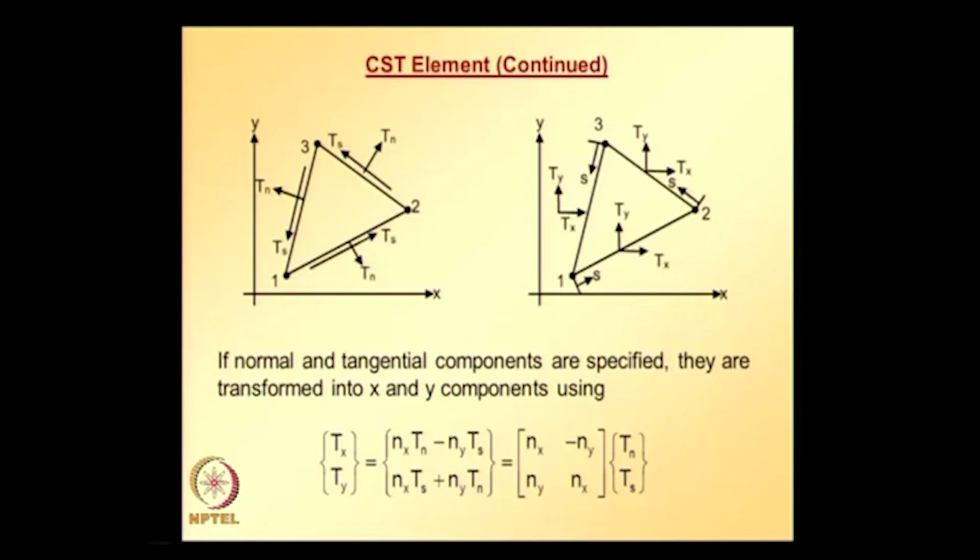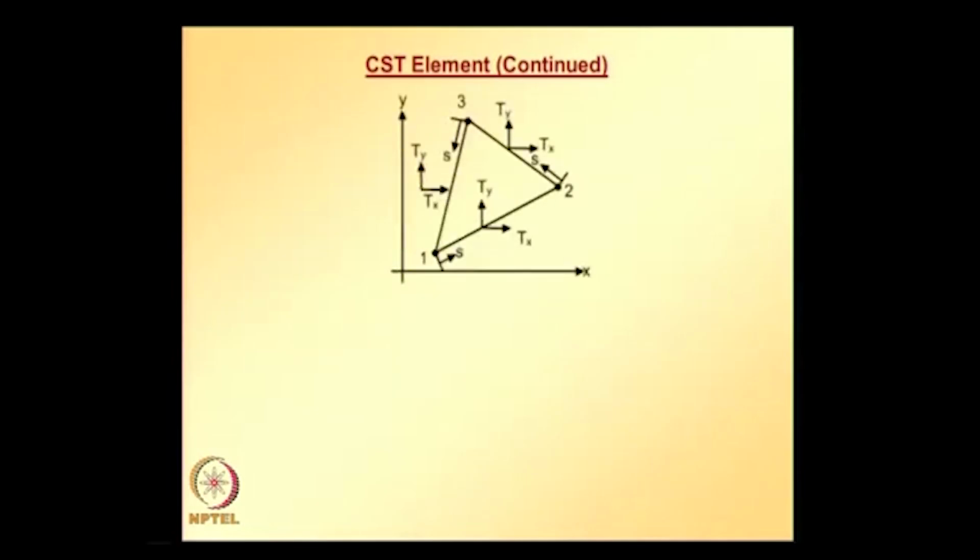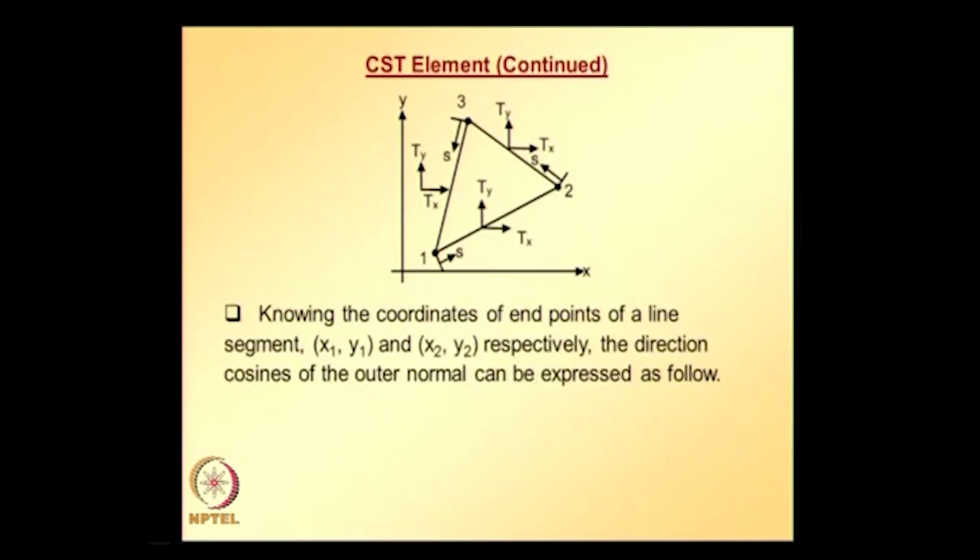Once we know the nodal coordinates of the line passing through that edge, we can easily calculate nx and ny of the outer normal of that particular edge.